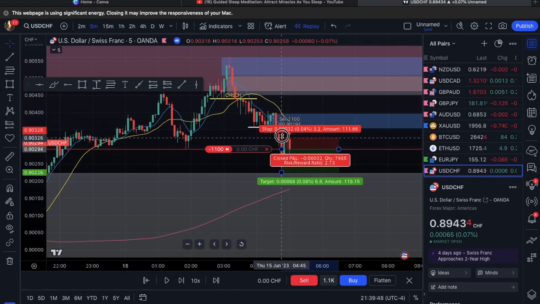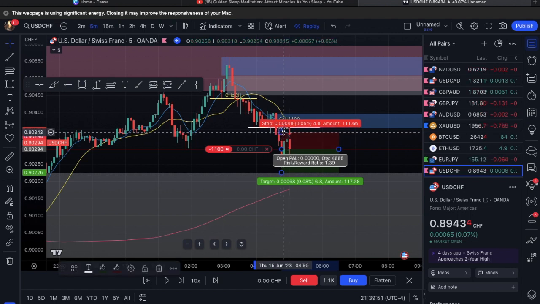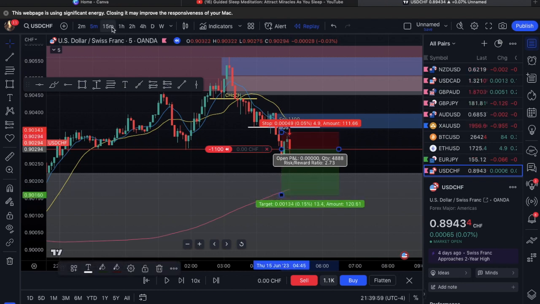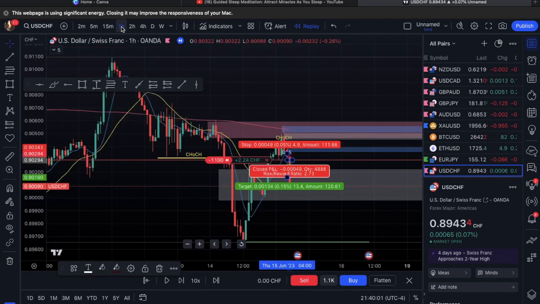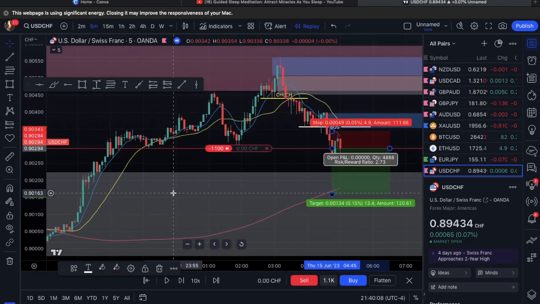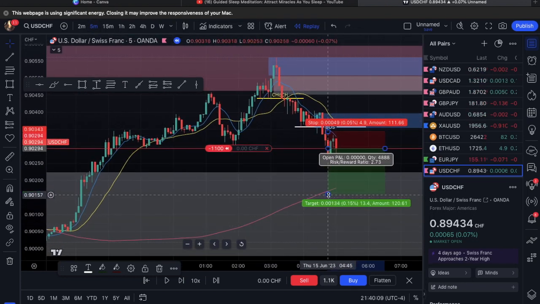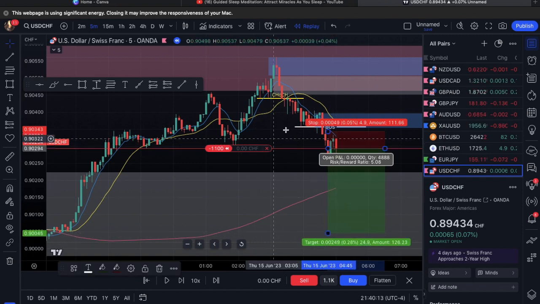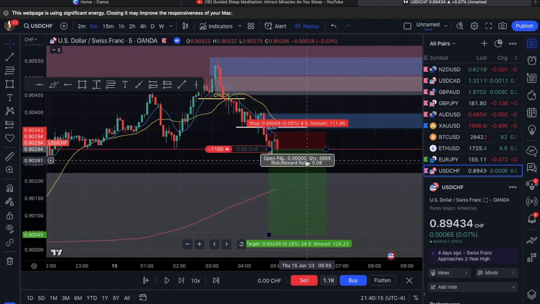Stop loss above the pattern. And we're going to look for, let me see, I'm looking to go below this low.